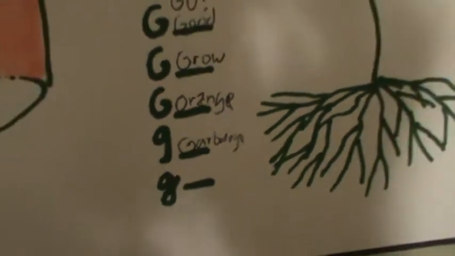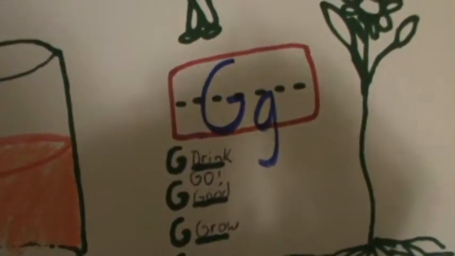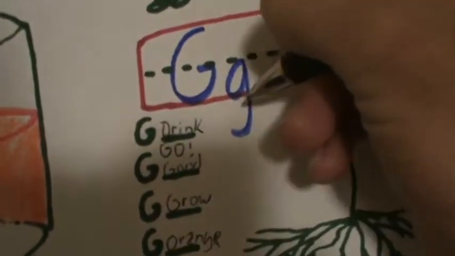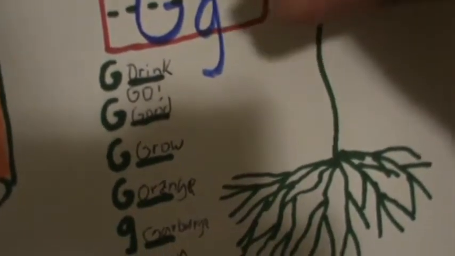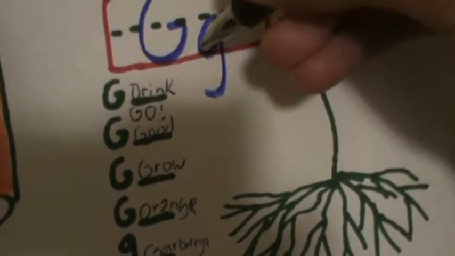Other than good or God, anybody probably thinks about another word that would rhyme with G or begin with G, like green. Whenever you were in school, there were words that begin with G and end with G.